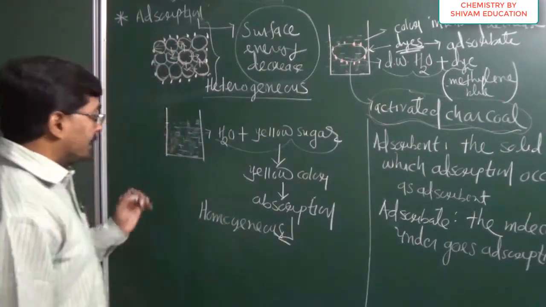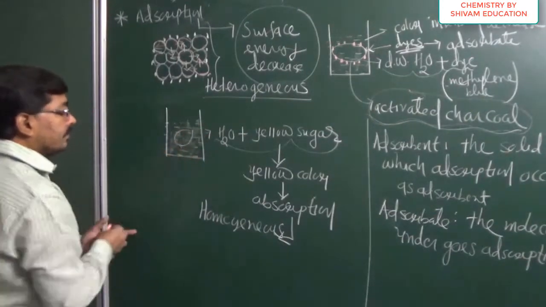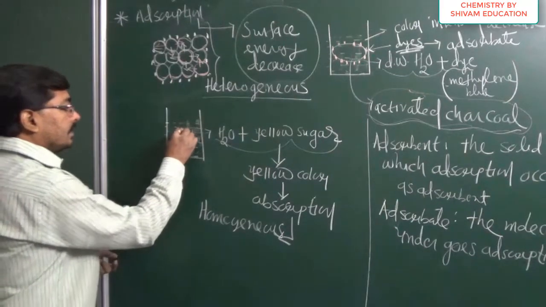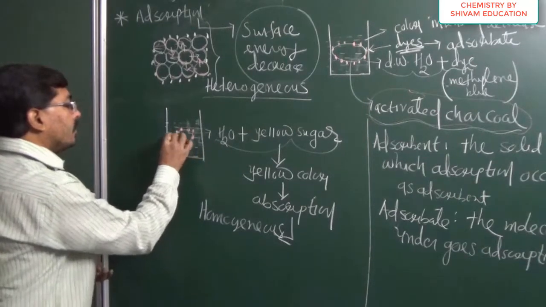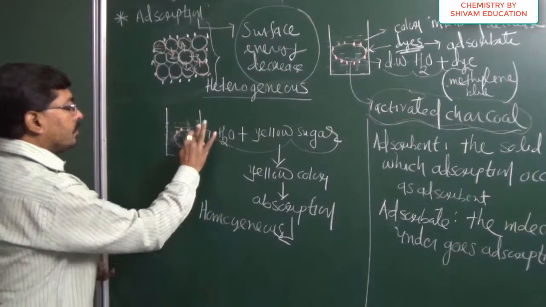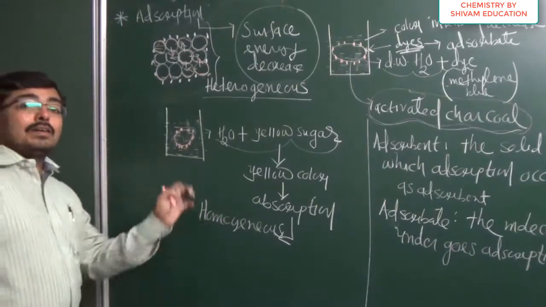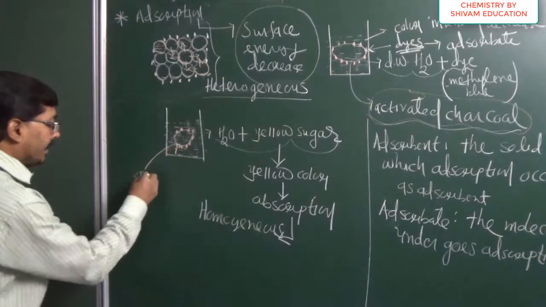Now in this container we are adding activated charcoal again. When I add activated charcoal, slowly the molecules of dye will start to adsorb on the surface, and because of this, after some time you will observe that the color intensity will decrease. So I have added activated charcoal.